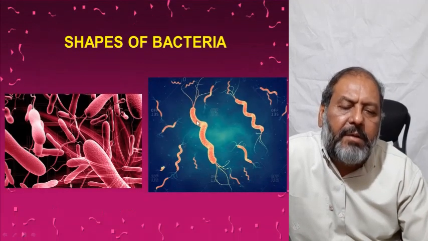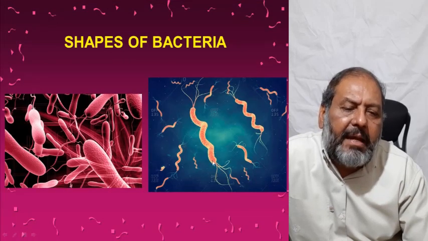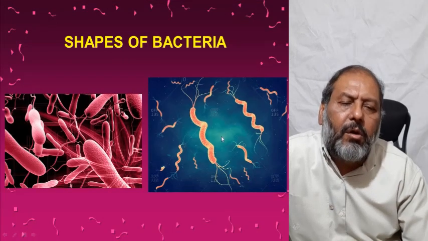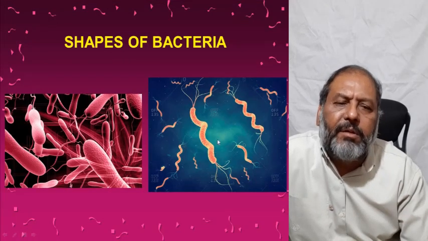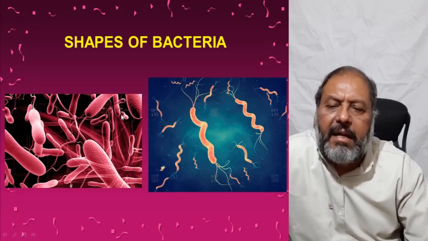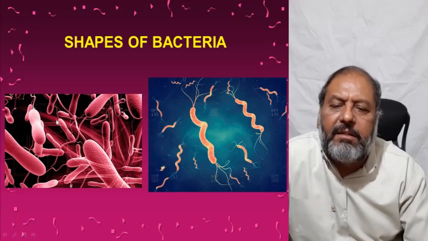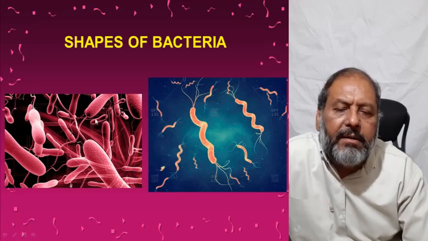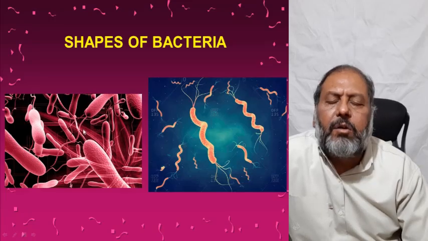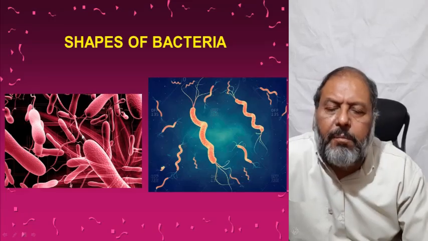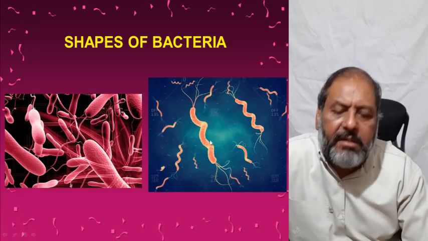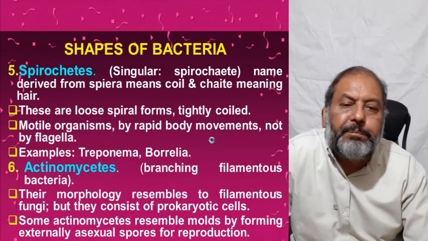They have flagella at one end, so that is why they have motility, because of the presence of these flagella. And here one can also see the flagella at one end. One can see the comma-shaped and the spirillum-shaped bacteria.